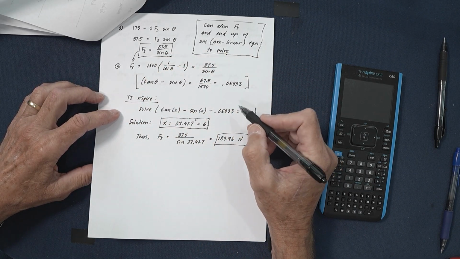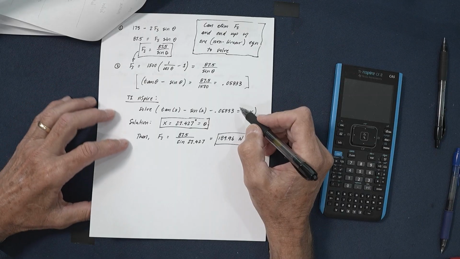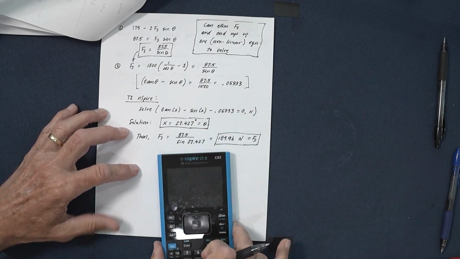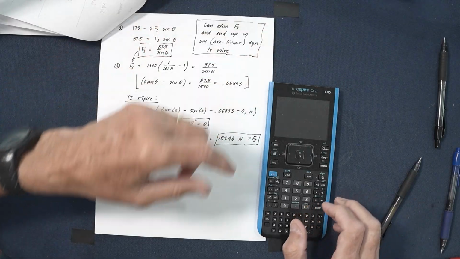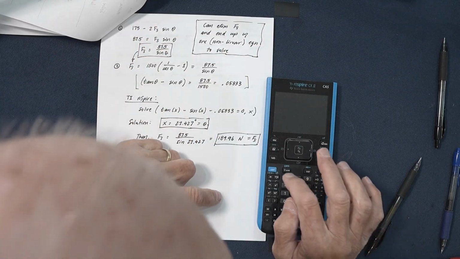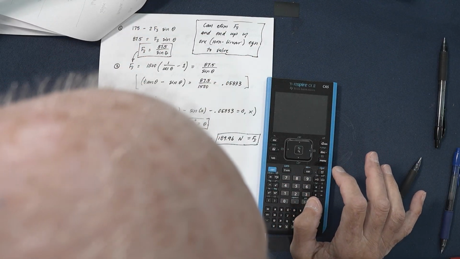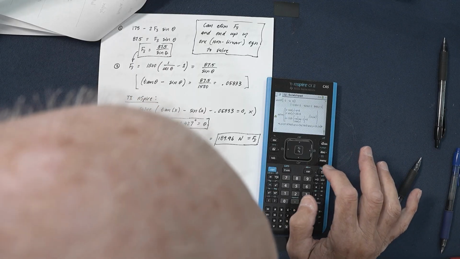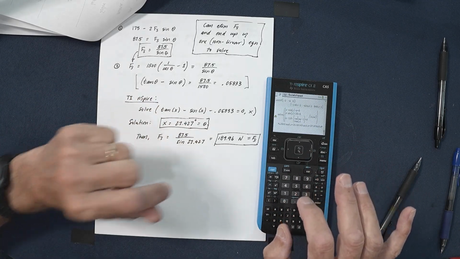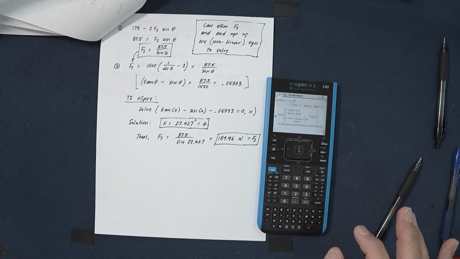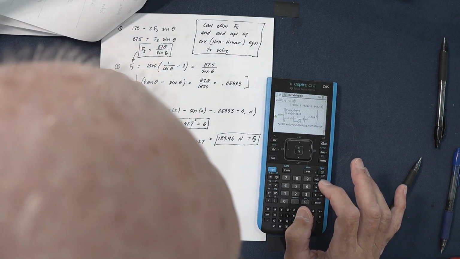Now it's nonlinear, so it has to iterate for it, and solve is another interesting function in nSpire. So if you ever need to solve a nonlinear equation, you can just use solve.